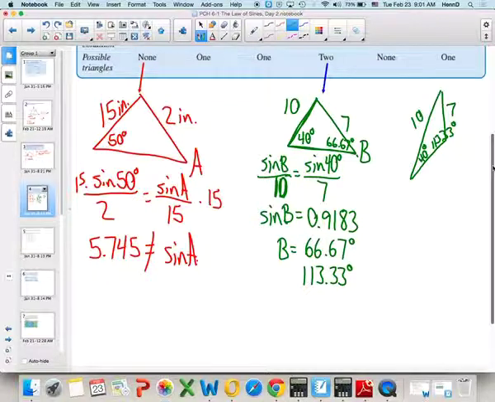Are there two possibilities? The triangle right there and there? Yeah. But what I don't understand is, the 113.33 degrees, you just got that because it's the complementary angle? Well, because sine is positive in the first and the second quadrant.